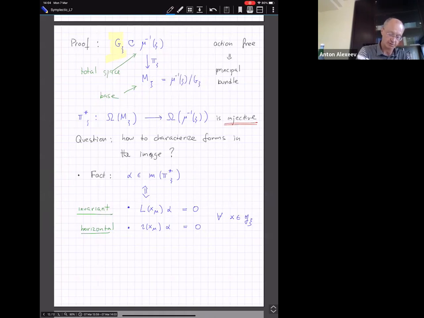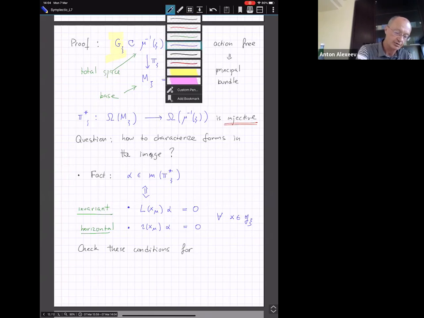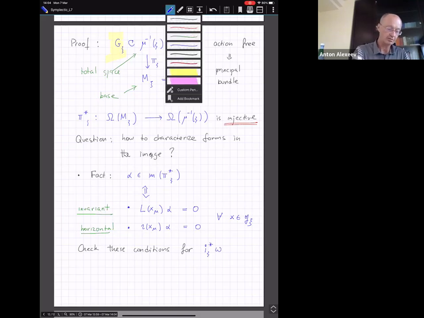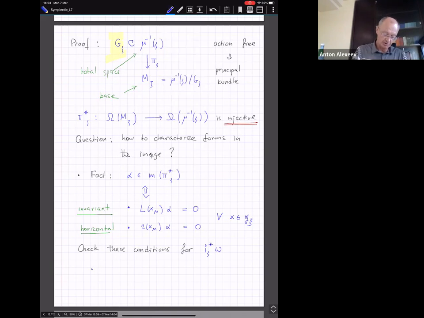So let's check those conditions for the two form. Well, the first condition is easily checked.